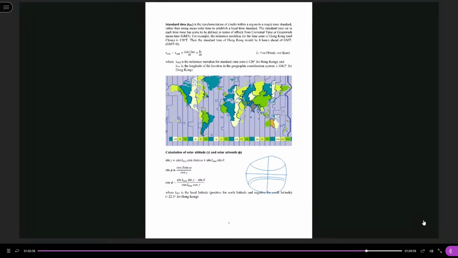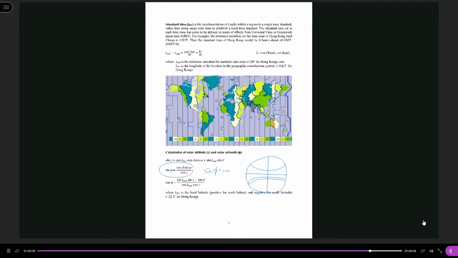Okay, so I just want to explain some more about the calculations of the solar altitude and the solar azimuth. When you do the calculations, let's say sine phi is equal to 0.766, and then you find out the angle.